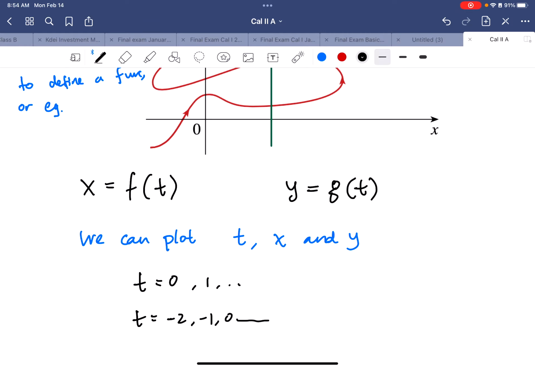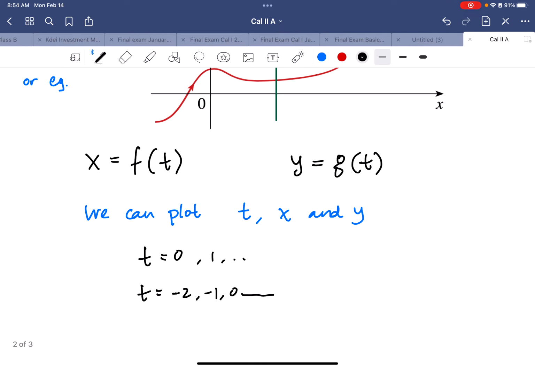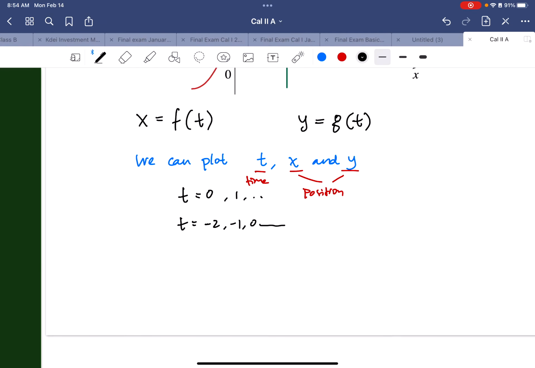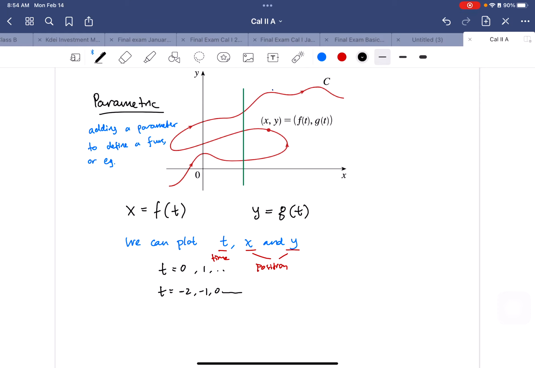Okay, t is not essentially a time; it can be anything. But I think it will be easier if you interpret t usually as time, and this will be a position. Easier to understand. Okay, so that's the parametric.